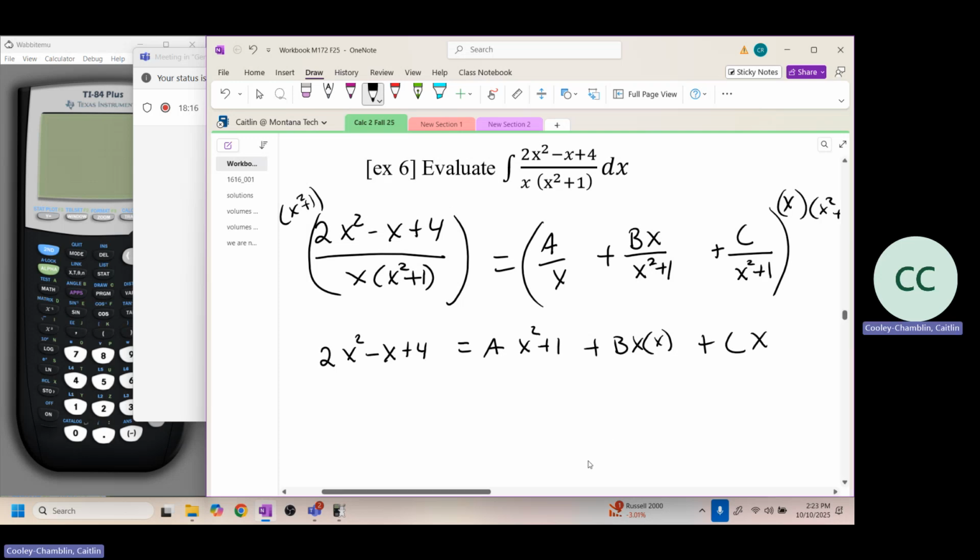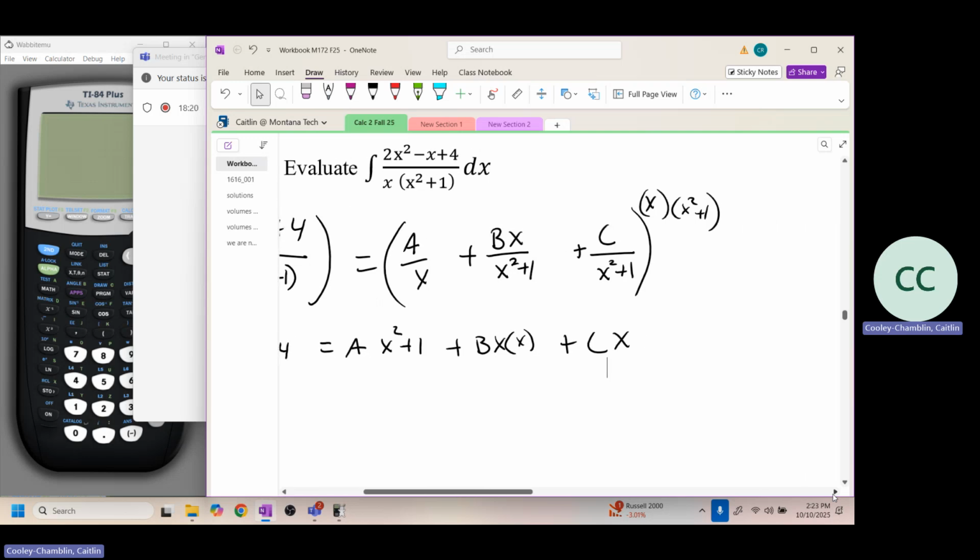Just a side note, if you're asking where some of my terms went, both of these terms get factored into each of these. And so A times x times (x squared plus 1), the x's will cancel, and I'm left with x squared plus 1.